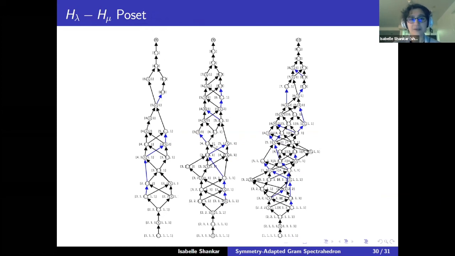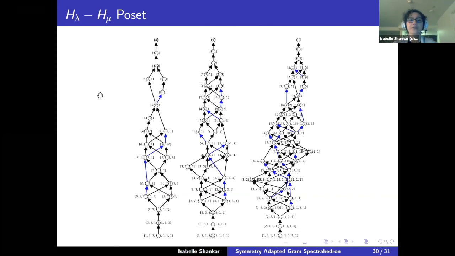So let me explain a little bit what this poset is. For every arrow, h lambda minus h mu, it may be a little hard to see, but these are partitions of 8, 9, and 10. So every arrow points to, I believe, lambda, and starts at mu, right?